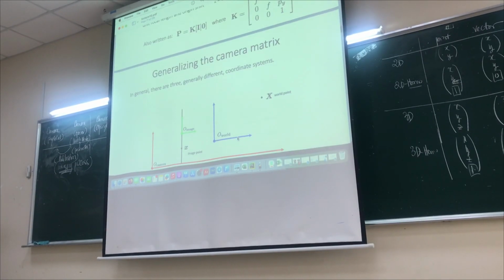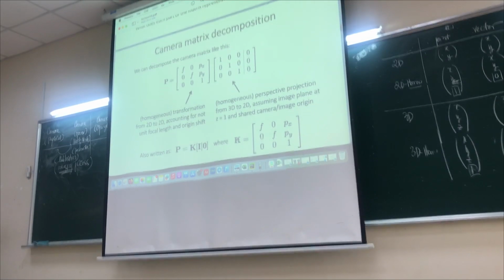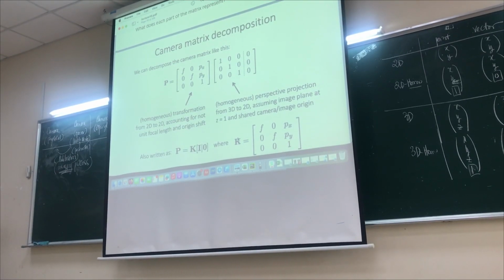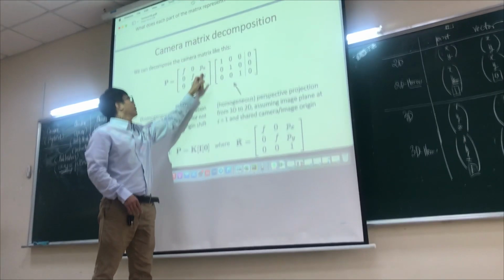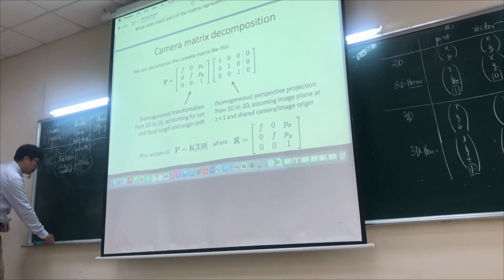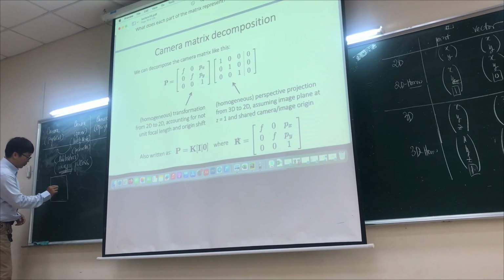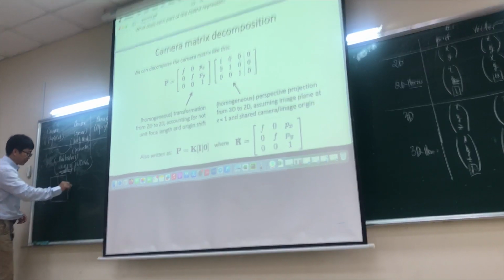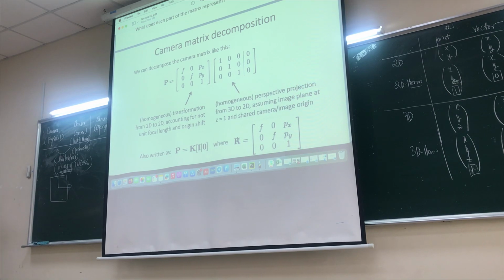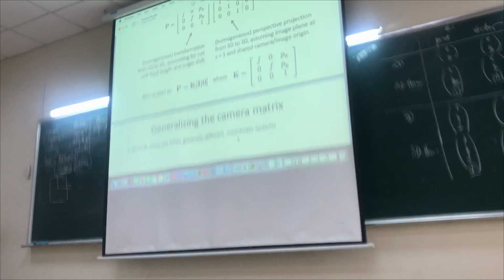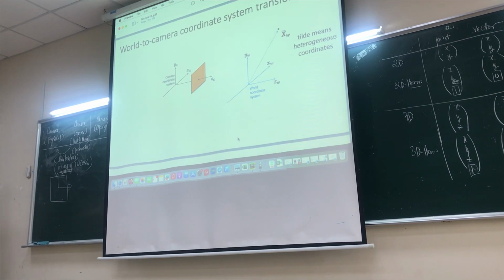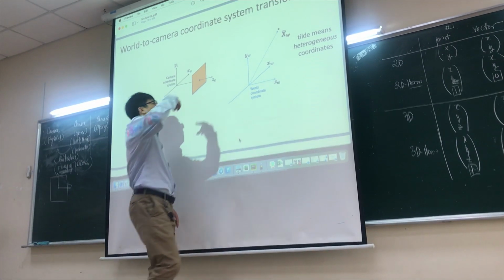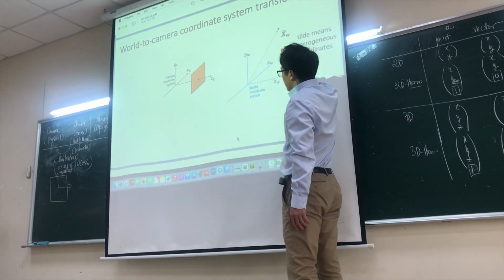Now the camera is divided into parts, because the image plane usually is centered. So you have the camera here. Now you have to determine the point in the world.